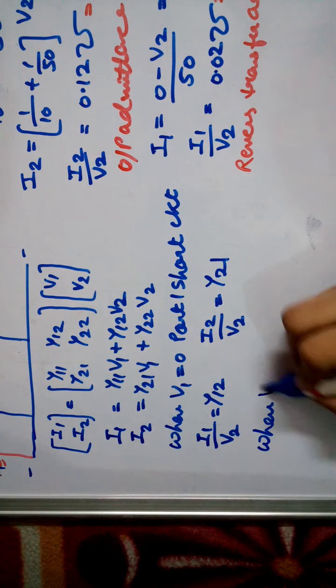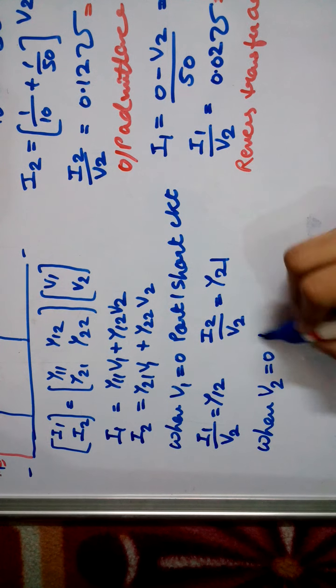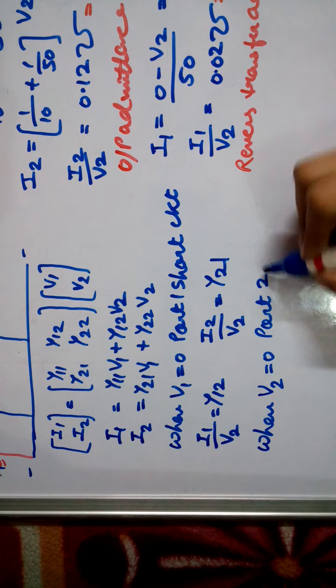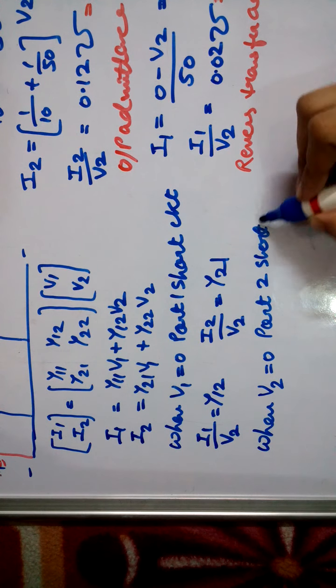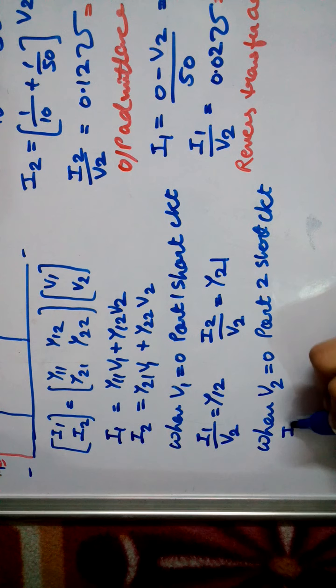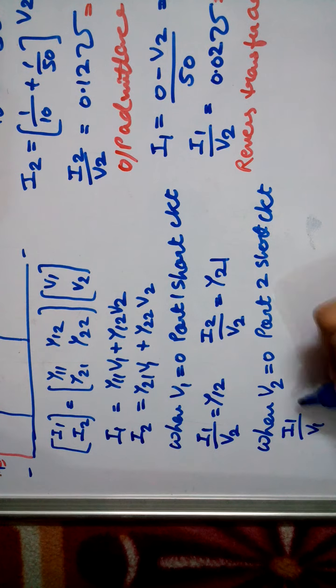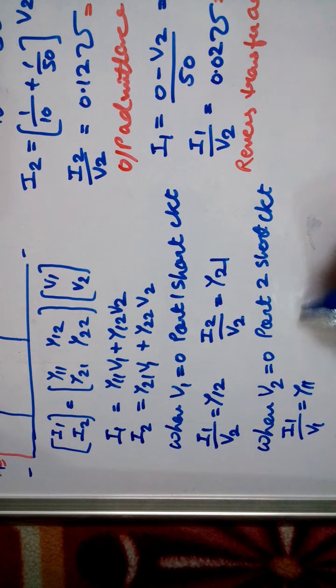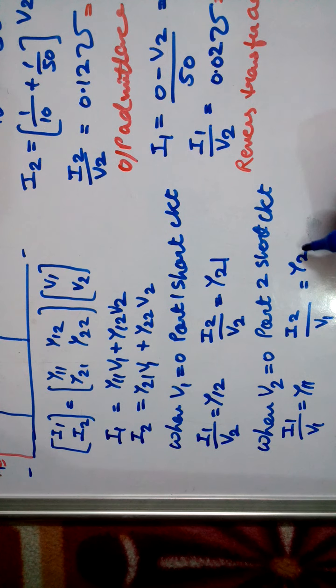Now when V2 equals 0, it means our port 2 is short circuit. When V2 is 0, then I1 upon V1 equals Y11, and from equation 2, I2 upon V2 equals Y22.